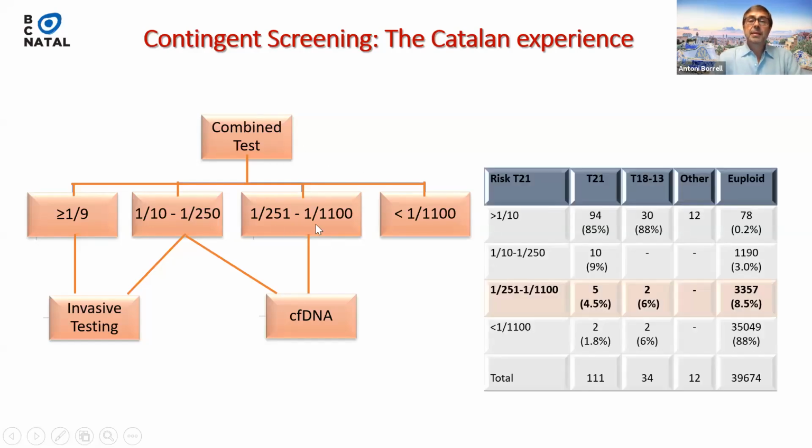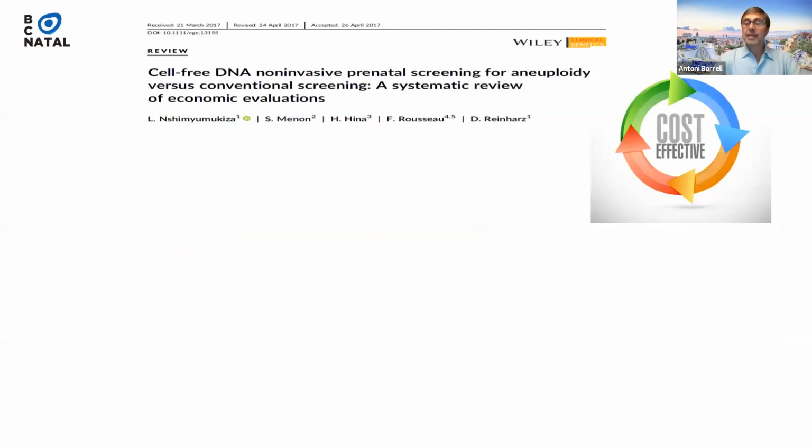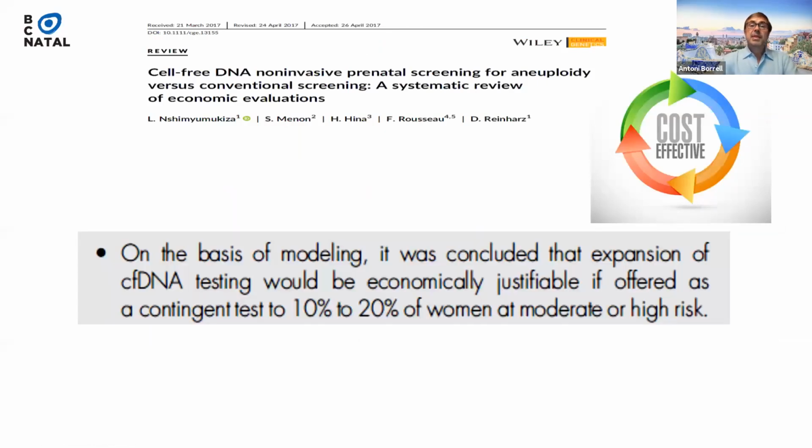And here you can see that expanding cell-free DNA to this intermediate group accounts for about 10% of the cases, and it detects about 5% more trisomies 21 and 5% more trisomies 18 and 13. If we do a cost-effectiveness analysis, this is also a review, a meta-analysis of all the studies on cost-effectiveness of cell-free DNA, and these are the conclusions.